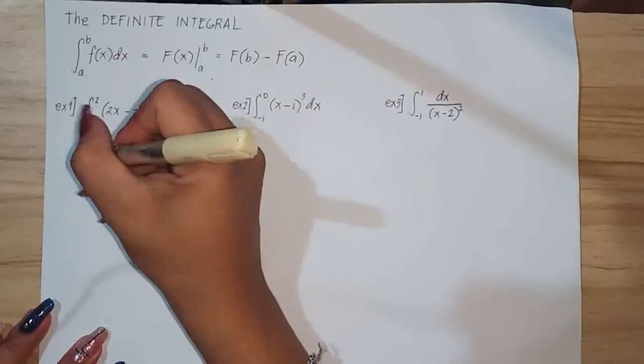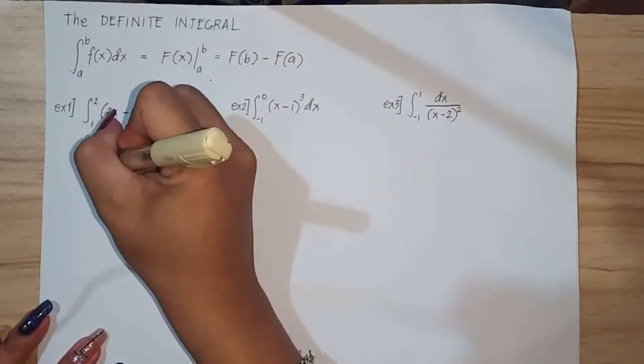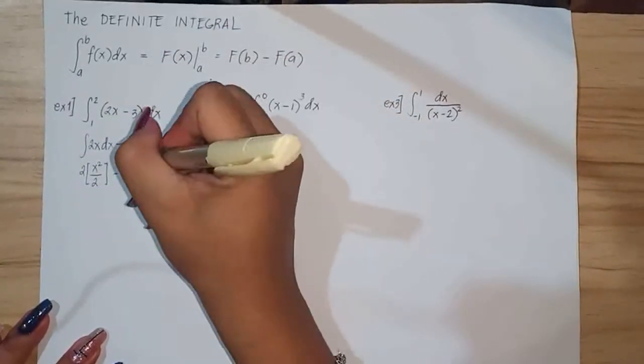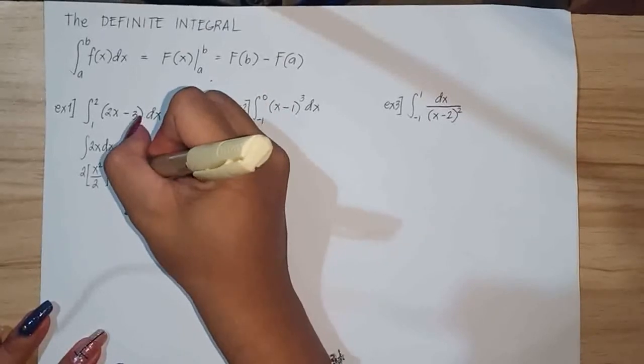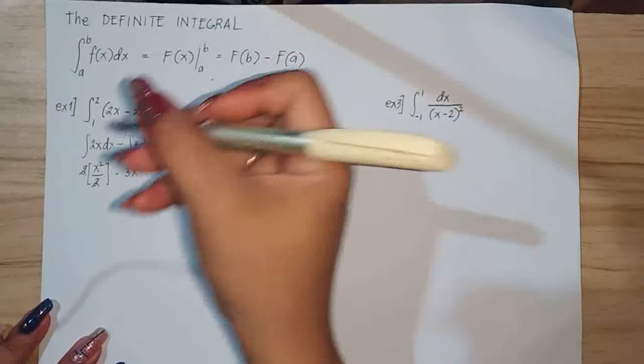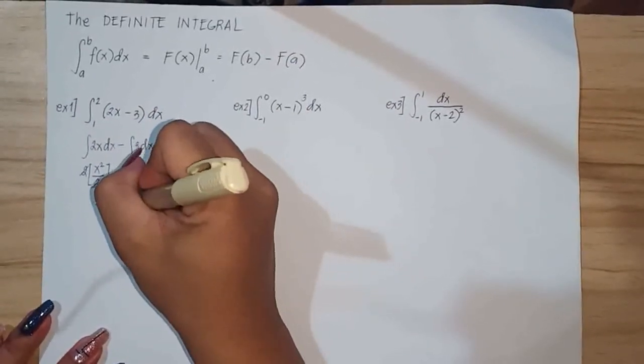Integrating this, you will have the constant 2, then the integral of x is x squared over 2, minus the integral of 3 dx, which is 3x. Simplifying this first, that will be x squared minus 3x.